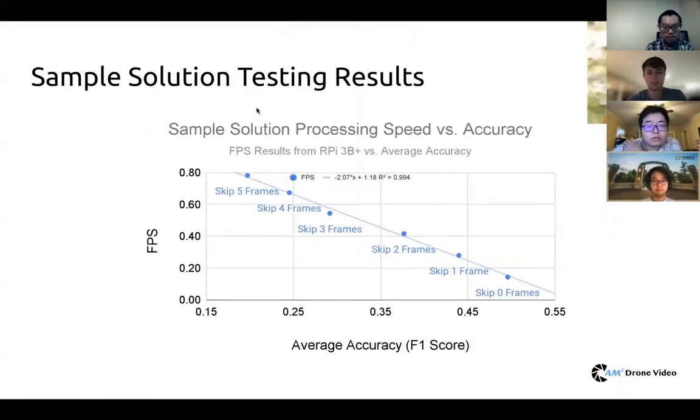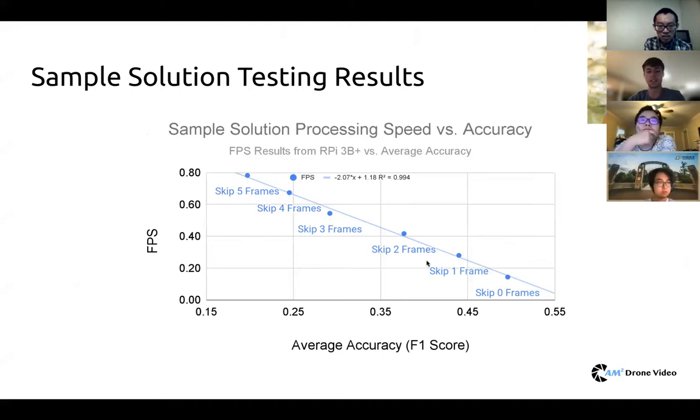Okay, Aidan, it's yours now. Yep. So here is the sample solution testing results. This graph is basically showing the trade-off between performance and accuracy, and also skipping a certain amount of frames. You can see the graph slopes downward, because the fewer frames we skip, the higher the accuracy, but it's also lower FPS.